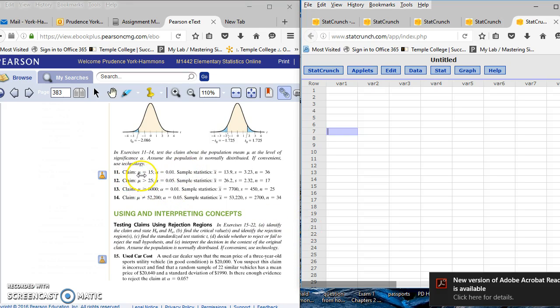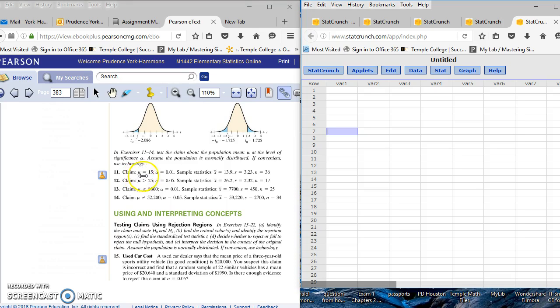Our claim is that the population mean is equal to 15. Now, since it has an equal sign, I'm going to go ahead and type this in. H sub O would be that the mean, and I don't have the mu symbol over here, but that the mean would be equal to 15.